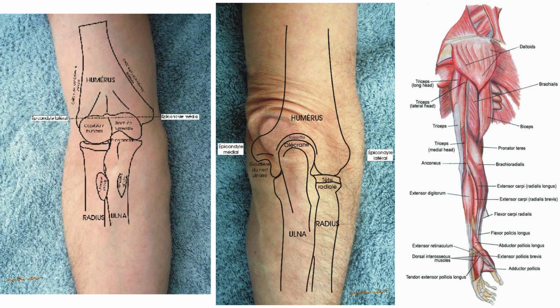Then you have brachioradialis, extensor carpi radialis longus, extensor carpi radialis brevis, extensor digitorum, extensor digiti minimi, extensor carpi ulnaris, anconeus. So these are all the muscles associated with the humerus.